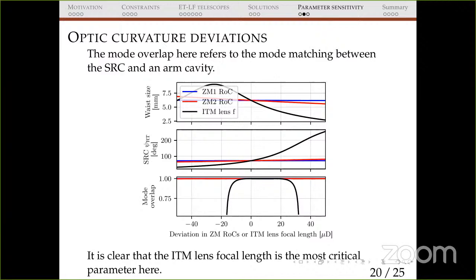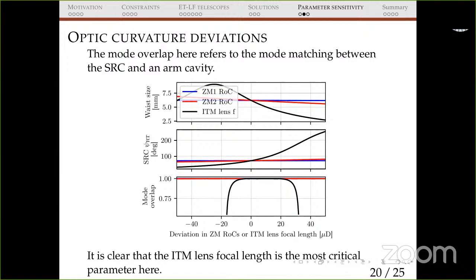And it's quite obvious from these traces, this black trace, that the ITM lens focal length really is the critical parameter here in terms of creating mode mismatches with small distortions.